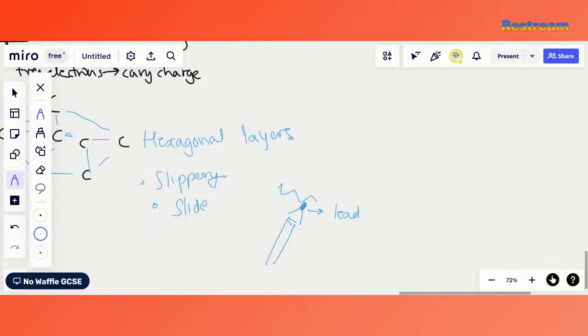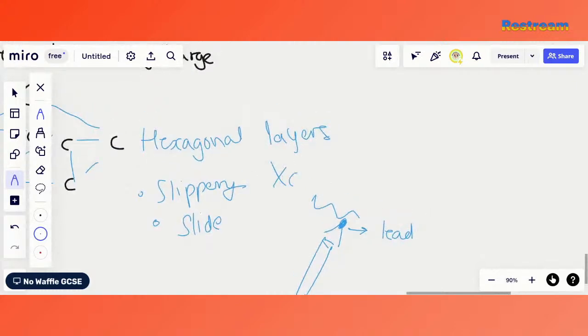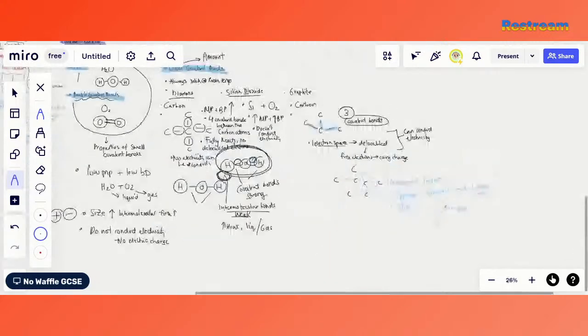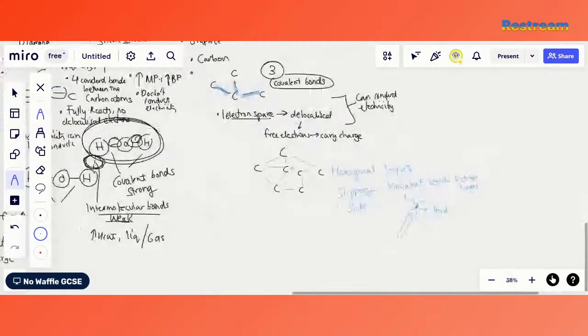The reason why it's able to slide is because there are no covalent bonds between the layers, whereas diamond obviously has covalent bonds between the layers. We do not see this in graphite. Now, those are the 3 giant covalent structures.